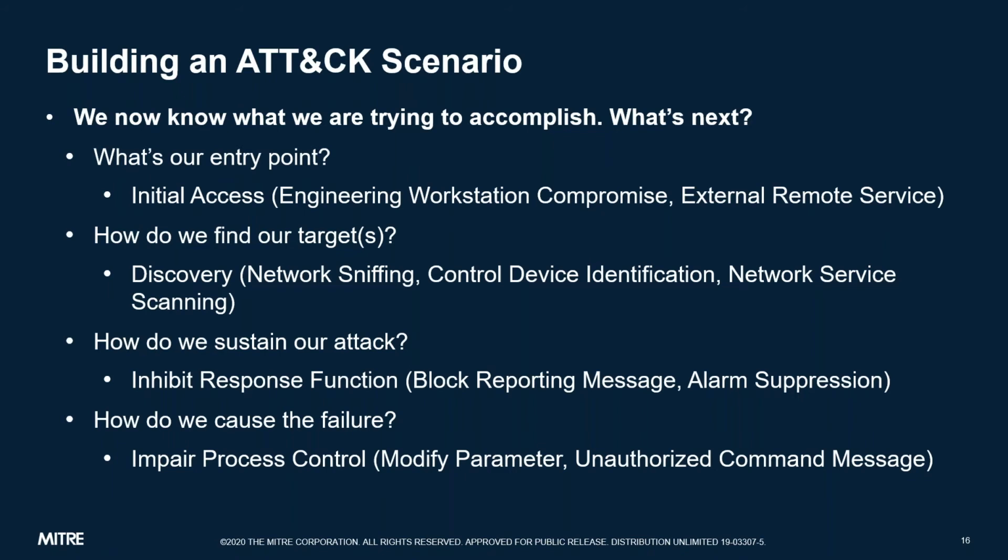Then to cause the ultimate failure, we talked about impairing process control, which is modification of very important parameters that control breaker actions, and also unauthorized command messages that control breaker actions as well. So we have to think about this whole scope of what we want to do in the testbed environment to get this particular effect.